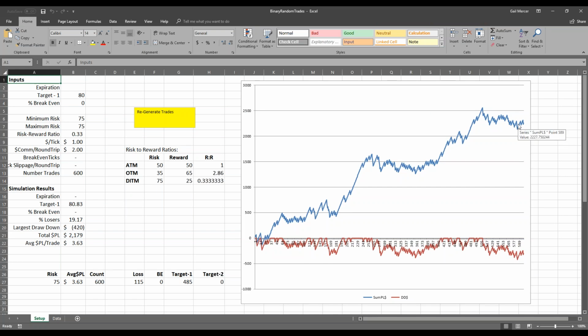Now you've taken a strategy that was losing, but because you were able to increase your profitable percentage to 80, even though this is a deep in the money strategy, you could actually be profitable only because your profitable percentage is higher. Does everyone understand that concept?